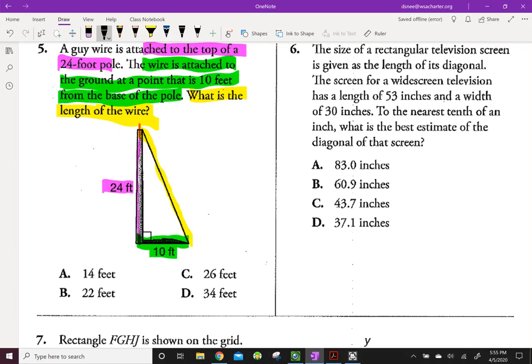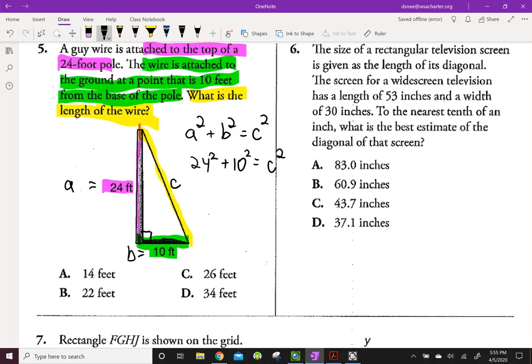Okay, now I know this is a right triangle, and right triangles, we know that the sum of the squares of the legs is equal to the square of the hypotenuse, and the hypotenuse is the long side opposite of the right angle, and we can call these A and B. And so 24 squared plus 10 squared equals C squared, right?